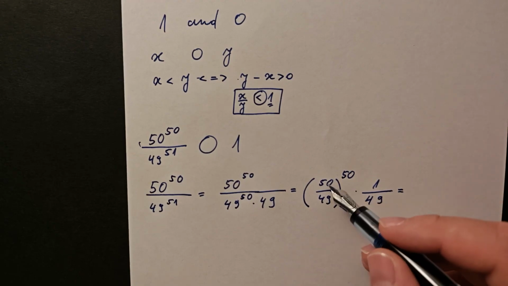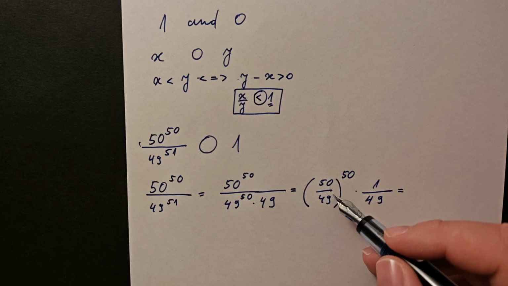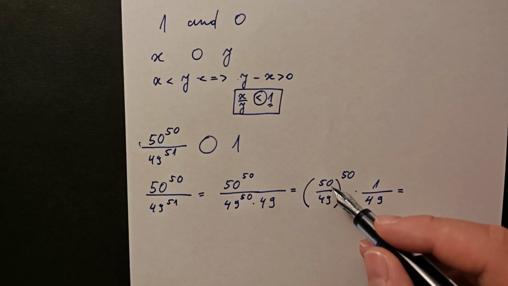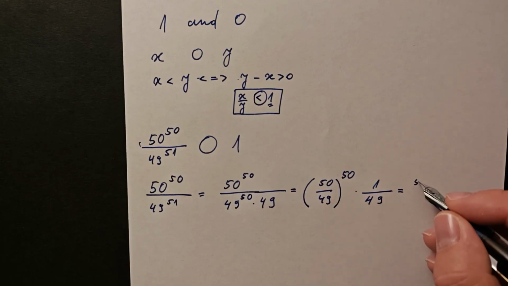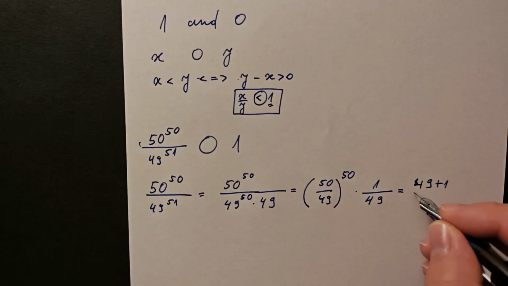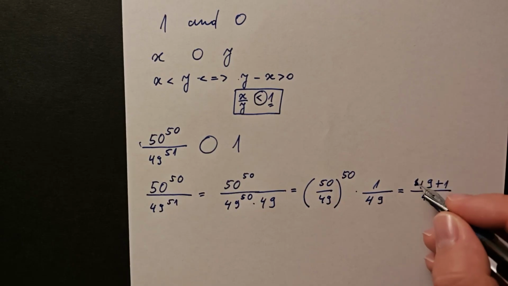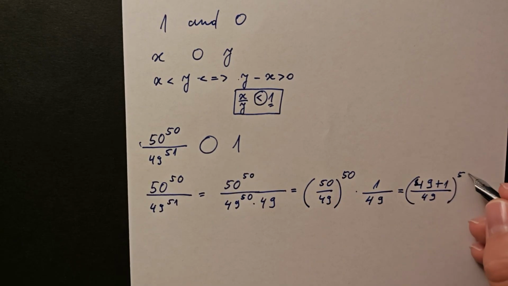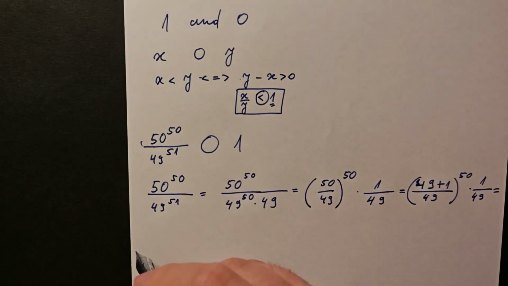As you can see now, we have 49 here in the denominator. So the idea is to write 50 over the number 49. So 50 is 49 plus 1, divided by 49, to the power 50 multiplied by 1 over 49.